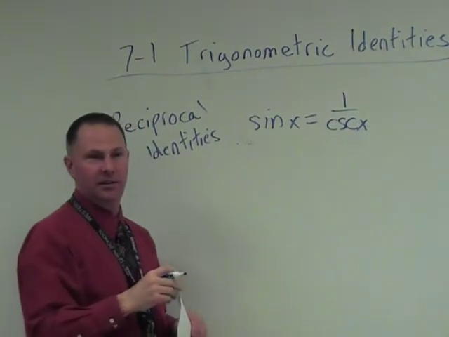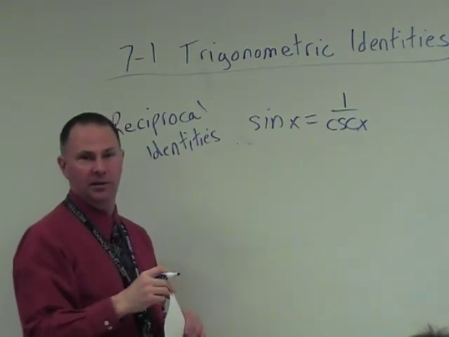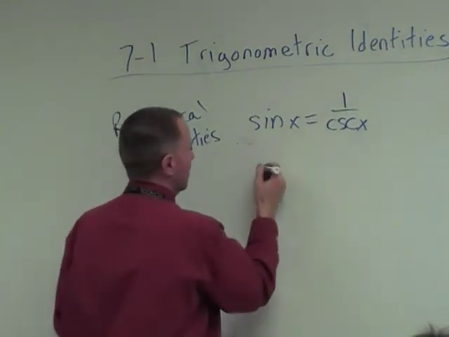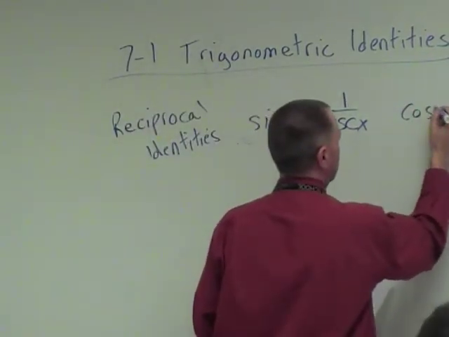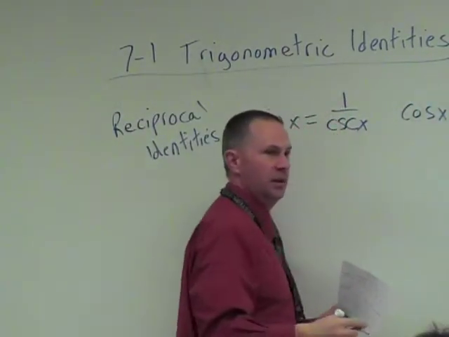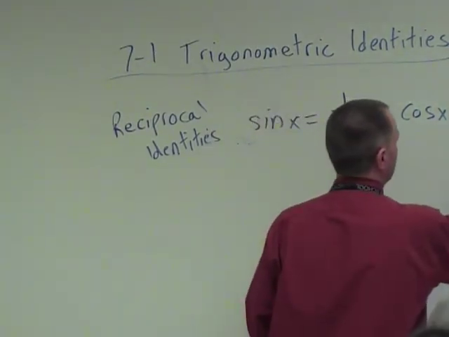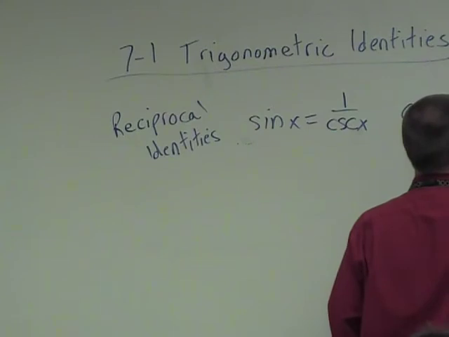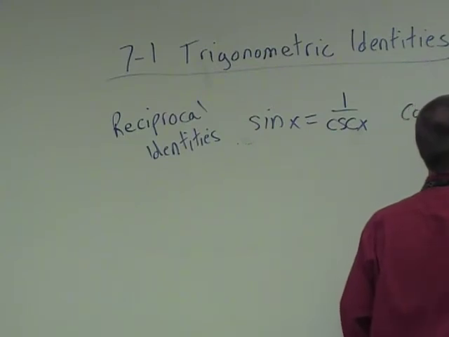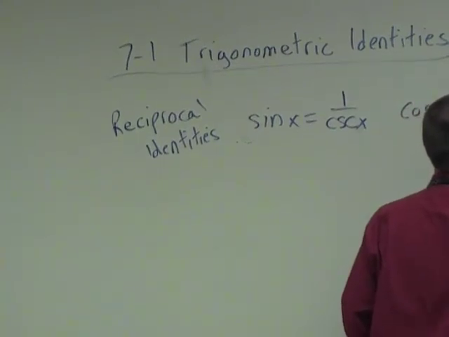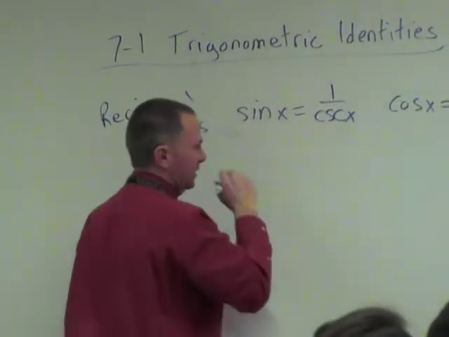Right? 1 over the cosecant. Cosine is the same as 1 over the secant, thank you. And the tangent is the same as 1 over the cotangent. Okay. So those are reciprocal identities.